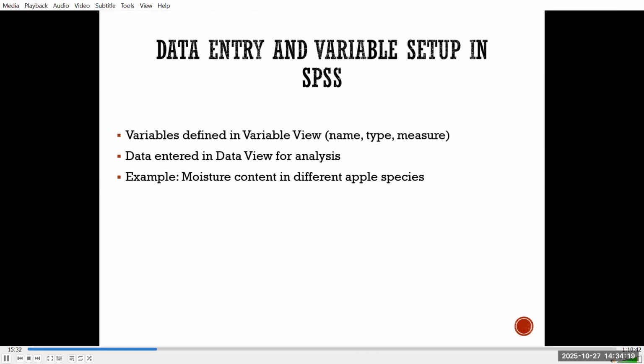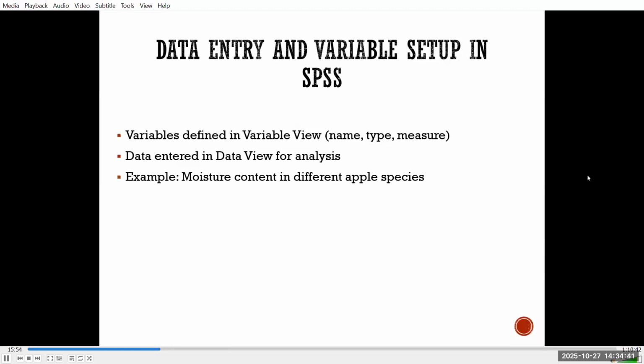For example, suppose the moisture content of different apple varieties. Each variety will be a variable and each reading goes to the data entry. Once the data is entered, SPSS computes the averages, plots graphs, and even runs the ANOVA and other statistical parameters.